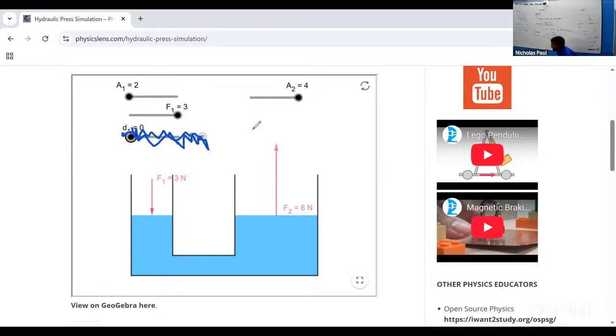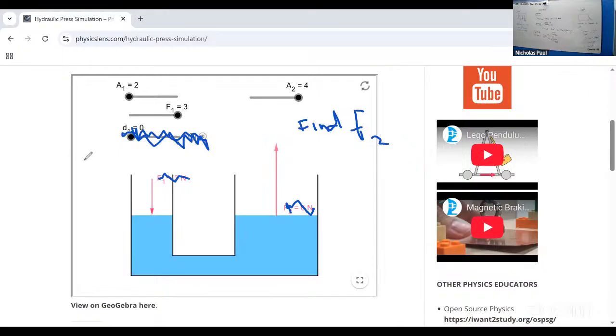So I'm going to give you some numbers. Same system. Ignore what is written here, I just use the diagram. I want you to work out this. I want you to find F2. Find F2.